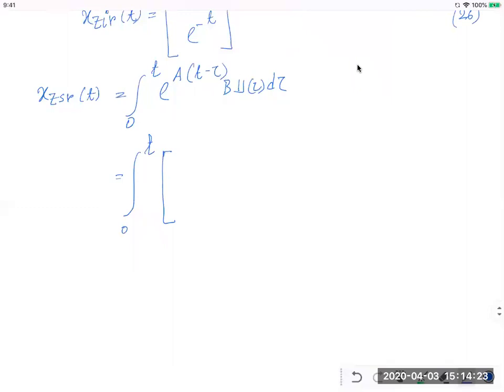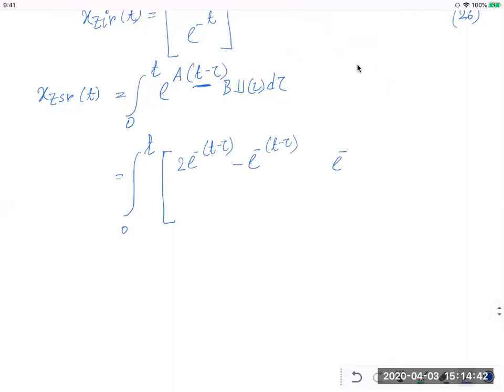So the first term is 2 e to the power minus (t minus tau). Instead of t, the operator is t minus tau here. So minus e to the power minus (t minus tau).